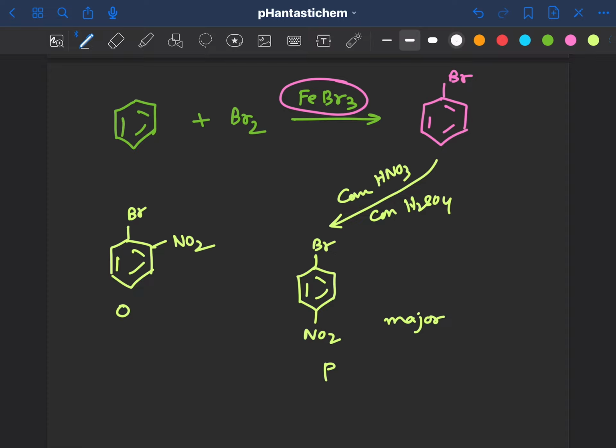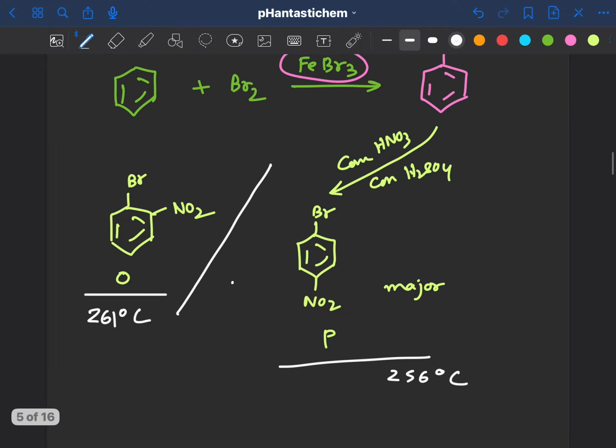And simple distillation cannot be the process with which we can separate them, because the boiling points of 2-nitrobromobenzene, the ortho one, and the para-nitrobromobenzene are very close to each other. To be precise, this is around 261 degrees Celsius and this is around 256 degrees Celsius, and you can see the ortho one has more because of more dipole moment.